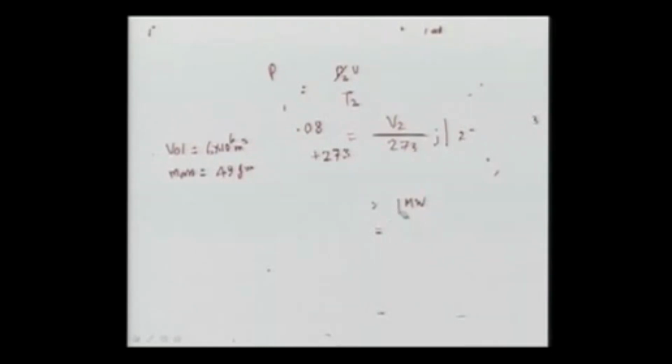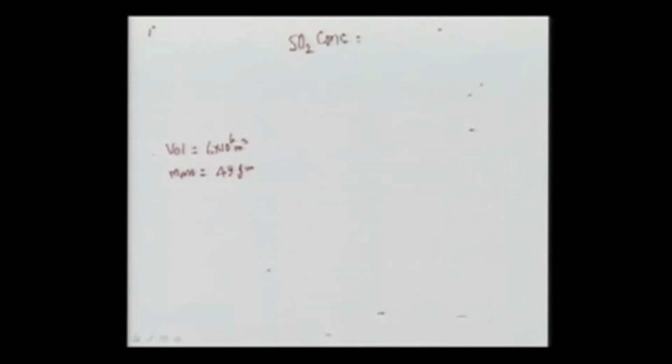So the next step for me would be to find out the overall concentration. So how do we find out the overall concentration? Well, mass divided by the volume in which it is dispersed. That will give me the concentration of SO2 in the region. So fair enough, SO2 concentration: mass is 49 grams, 49 gram divided by 6 into 10 to the power 6 meter cube.